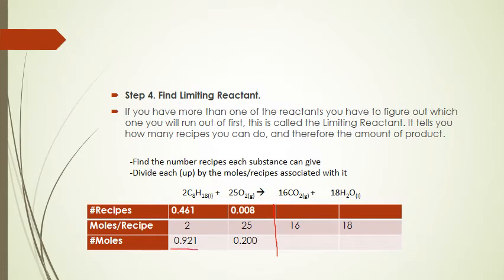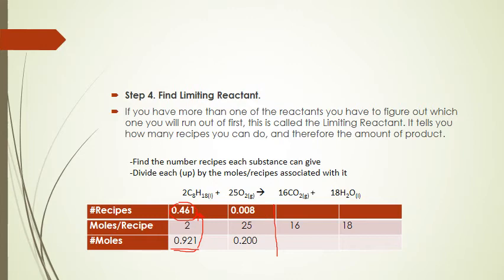If you're given 0.921 moles, and for every recipe you need 2, you divide that by 2 and get 0.461. That means you can do this reaction 0.461 times with this many moles of octane.